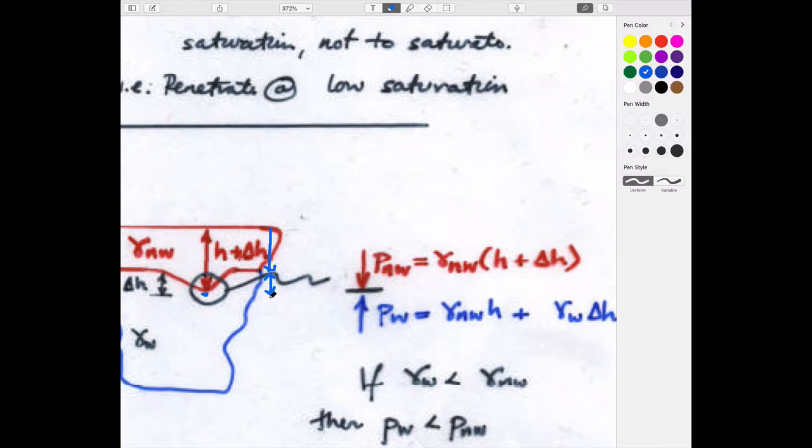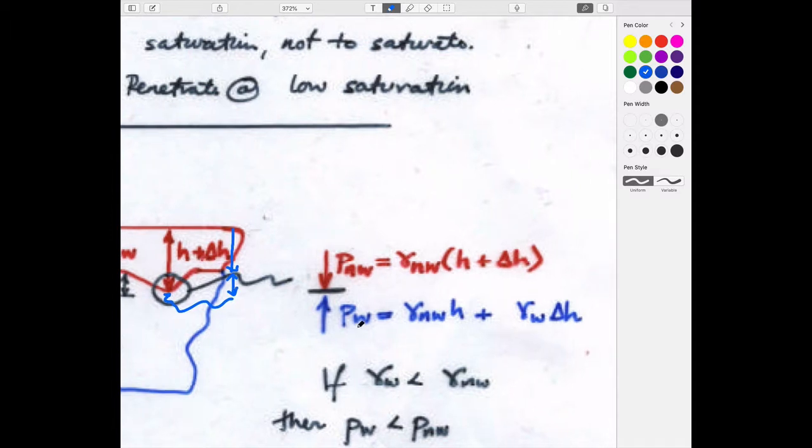And so the pressure at this point, which we can connect directly to this point, they have to be the same because they're on the same horizontal plane, is going to be H times the unit weight of the red fluid plus delta H times the unit weight of the other fluid below it. And so the pressure acting upwards is slightly different from it. And so the idea is that this fluid is less dense.